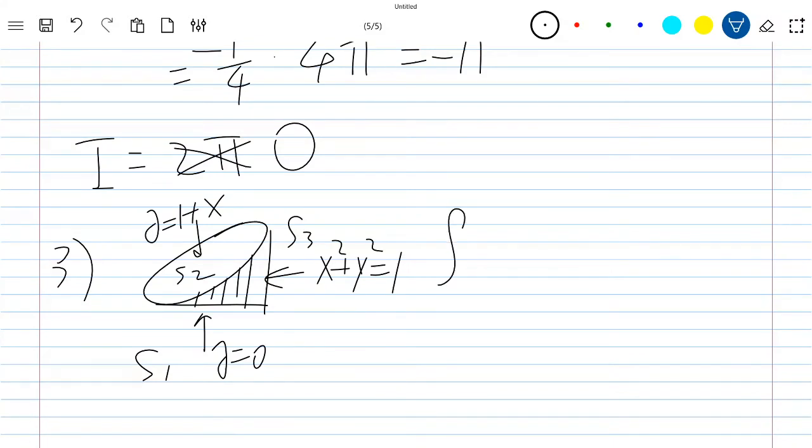So this time we still have a closed surface. And let's find out the integration of y, x, and 1, and let's make it even, 0 dot dS.